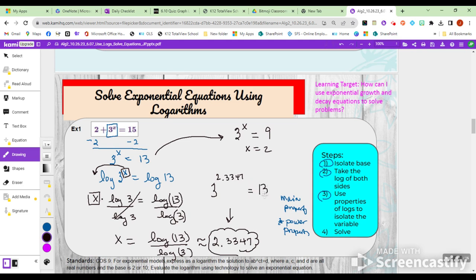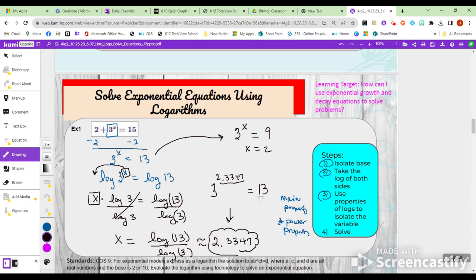So if I take my calculator and I take 3 and I raise it to the power of 2.3347, that is going to give me 12.999749979, which is really, really, really close to 13. And that's okay that I don't get 13, because I know that this is a rounded answer. And if I use the exact decimal that never ended and never repeated, then I would get exactly 13.